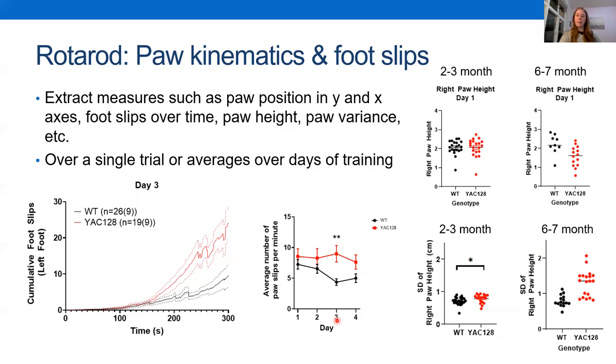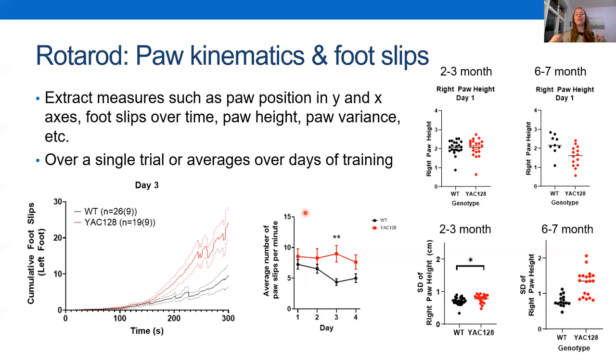So using DeepLabCut, followed by my own analysis in scripts that I've written in Matlab, I can extract many different measures, including looking at the paw position, foot slips over time, height, variance in height, and I can look at these kinds of measures over a single trial shown here, or over days of training. And using this methodology, I found some very interesting differences between the genotypes where the Huntington's mice have many more foot slips compared to wild type.